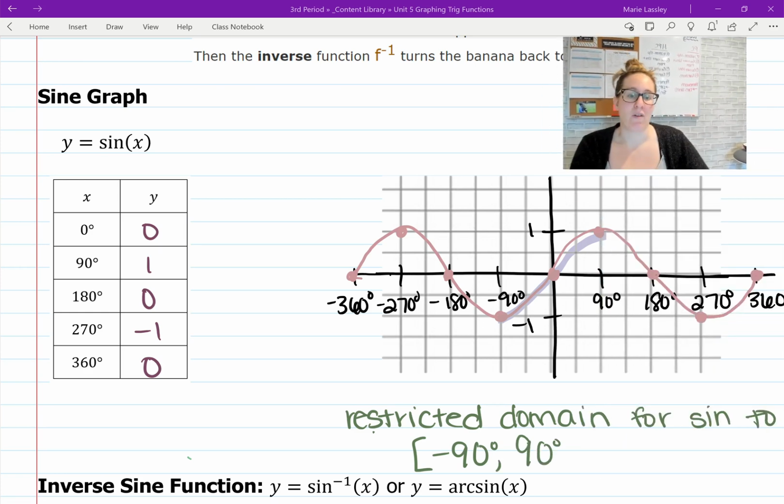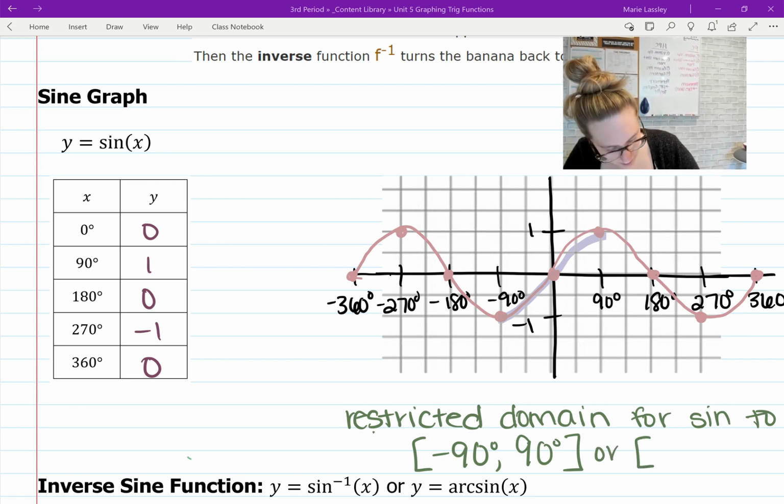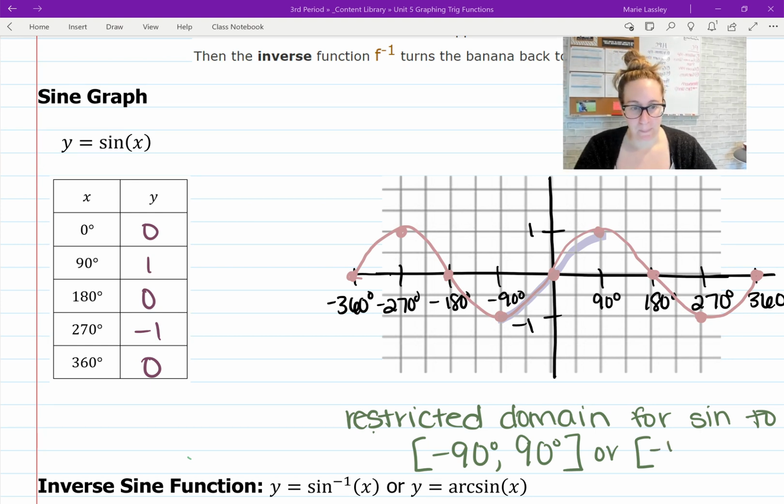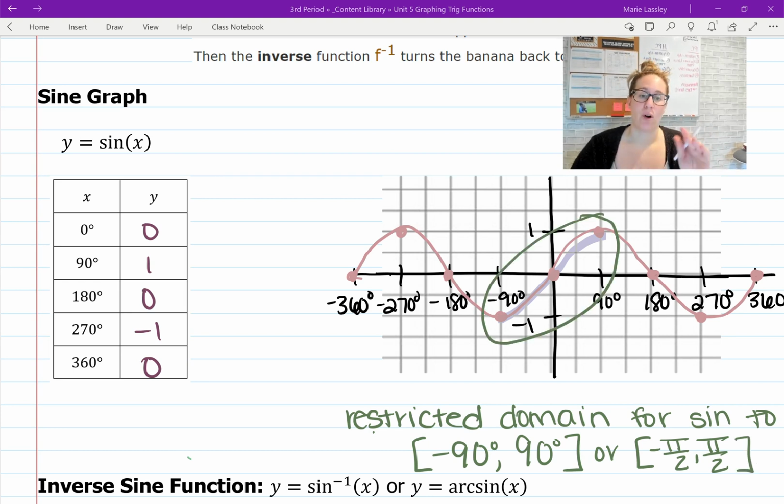Okay. So we restrict our domain for sine to go from -90 to +90 degrees. Now, if we were in radians, we should know our radian measures, but this would be -pi/2 to pi/2. So that's the first thing we have to know: when we're doing our inverse for sine, we're only dealing with this section of the sine graph, for two reasons.